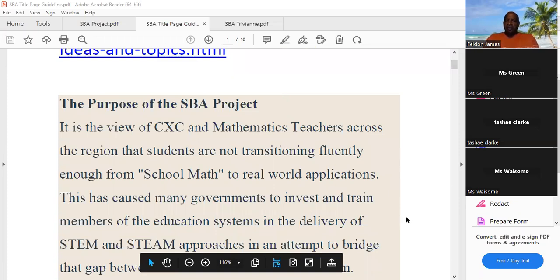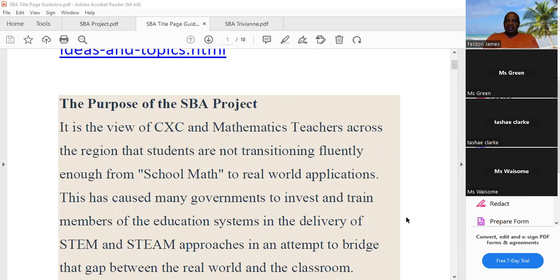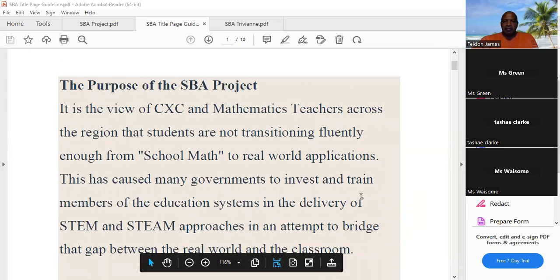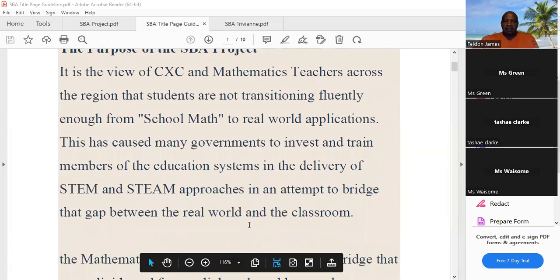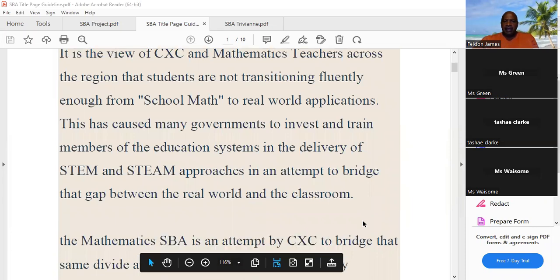Now, in the view of CSEC and mathematics teachers across the region, students are not transitioning fluently enough from school maths to real-world application. This has caused many governments to invest and train members of the education system in the delivery of STEM and STEAM approaches in an attempt to bridge that gap between the real world and the classroom.